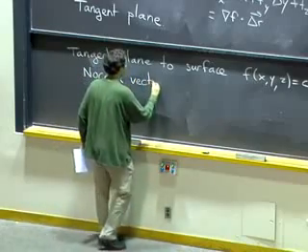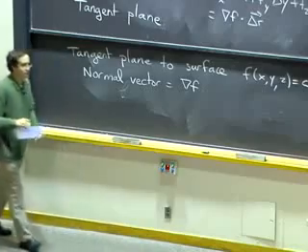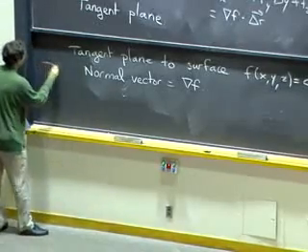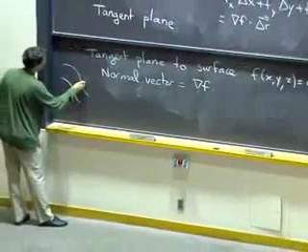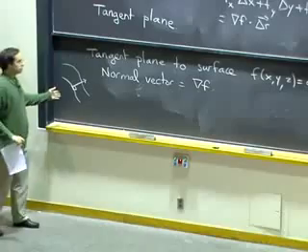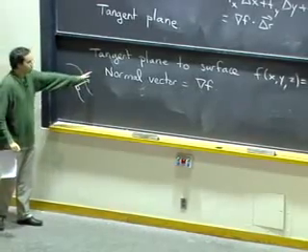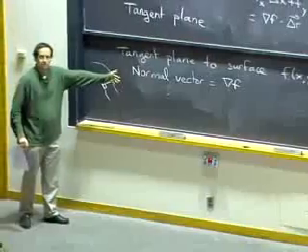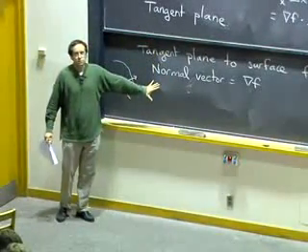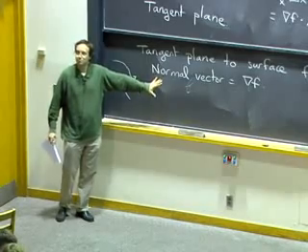And one normal vector is given by the gradient of the function, because we know that the gradient points perpendicularly to the level sets towards higher values of the function. It gives us the direction of fastest increase of a function. Any questions about these topics? No?